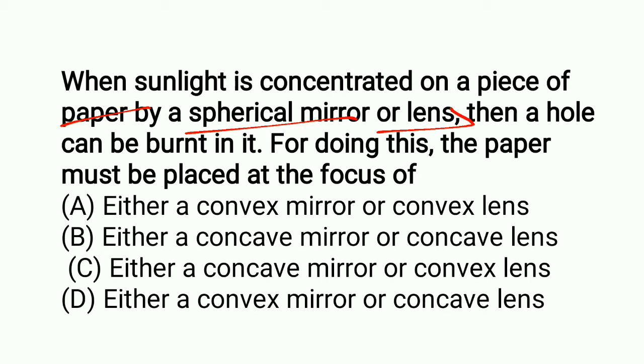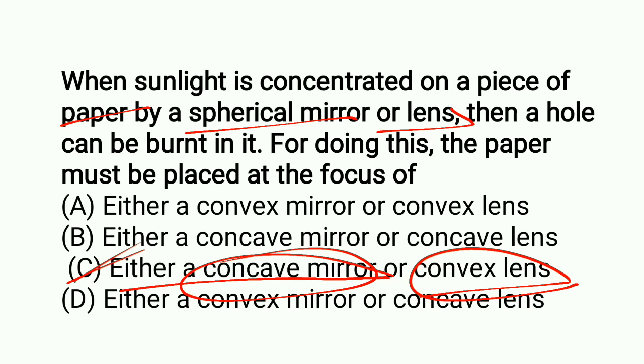At the focus we have to concentrate the sunlight, using either the concave mirror or the convex lens, because these two are the converging mirror and the converging lens. So option C is the correct answer.